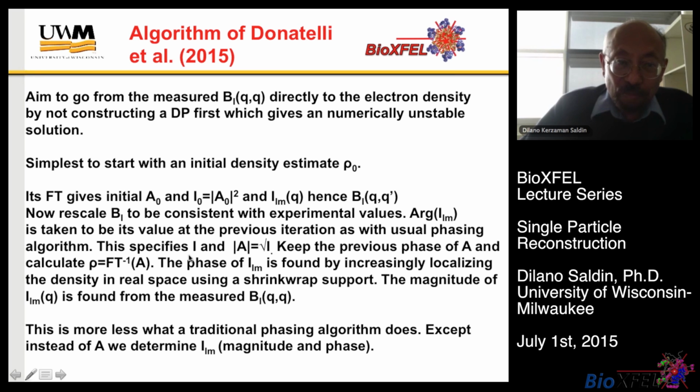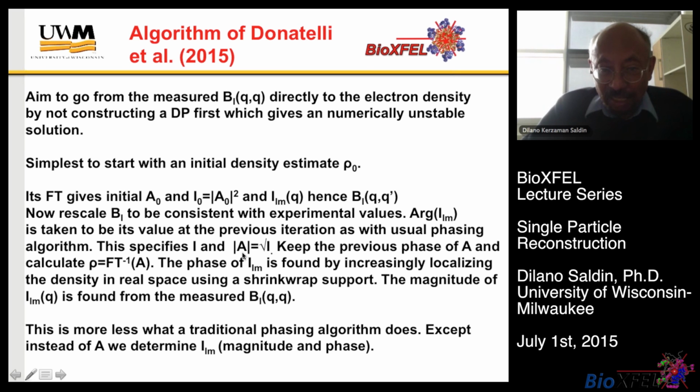Now, this specifies I. So once you have the I_LMs, you can construct the I by the usual formula, sum of I_LM Y_LM. And then the magnitude of A is obtained by just taking the square roots of these intensities.